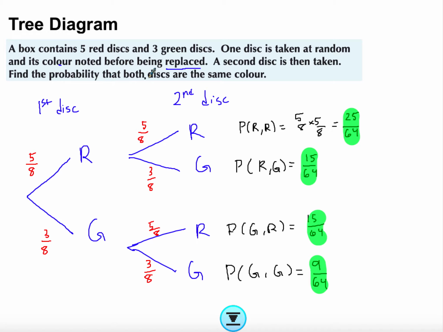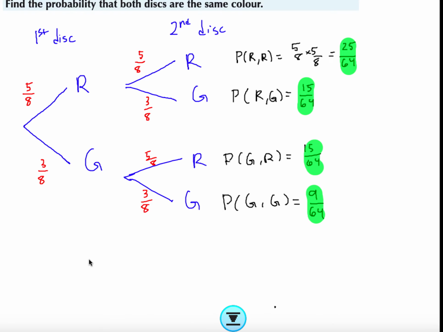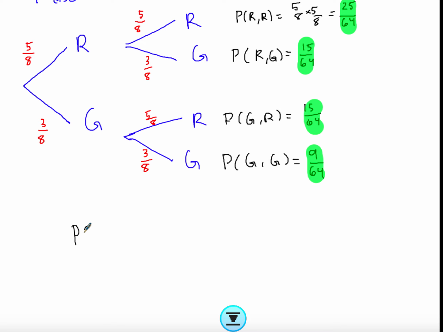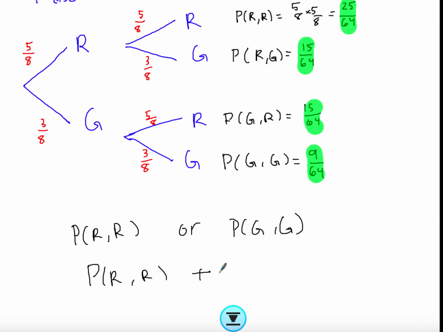What we want is the probability that both discs are the same color. So using the rules of probability, I want either the probability of red and red or the probability of green and green. And remember, or in probability translates to a plus. I have the probabilities already.